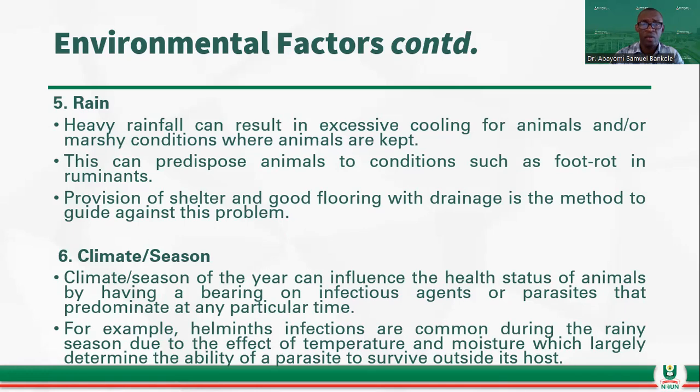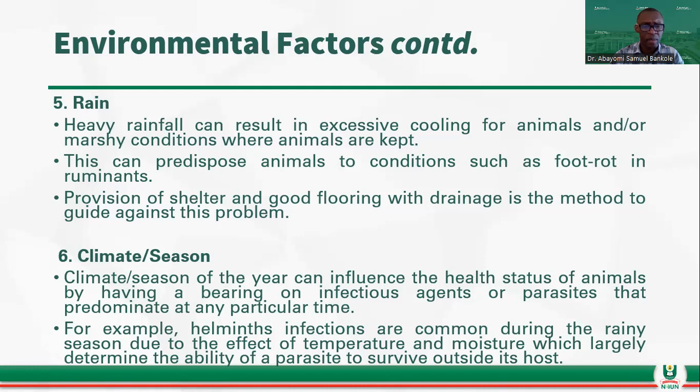Heavy rainfall can result in excessive cooling for animals and marshy conditions where animals are kept. This can predispose animals to conditions such as foot rot in ruminants, and so provision of shelter and good flooring with drainage is a very good method to guard against this problem.